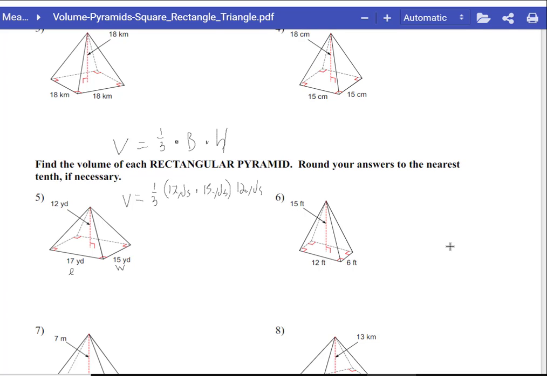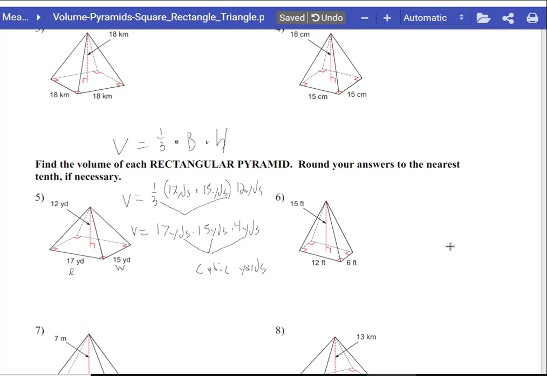So now I'm going to do 12 divided by 3 right here. And so the volume is equal to 17 yards times 15 yards times 4 yards. So yards times yards times yards is going to be cubic yards because I'm counting little boxes.